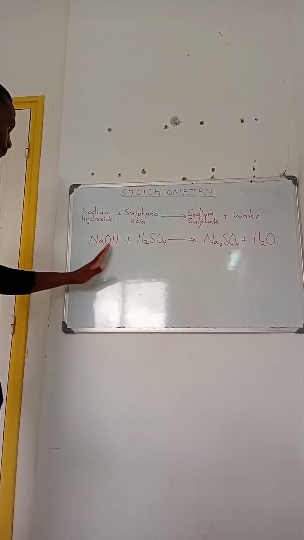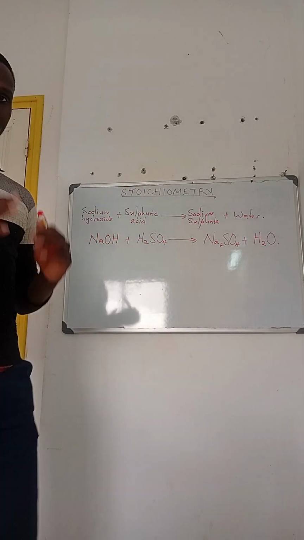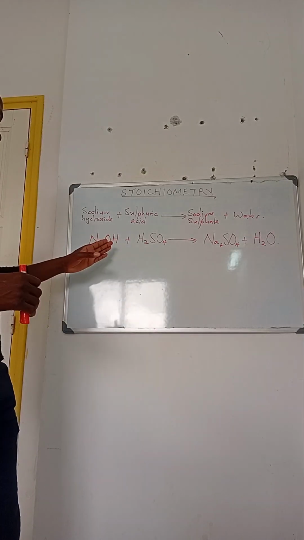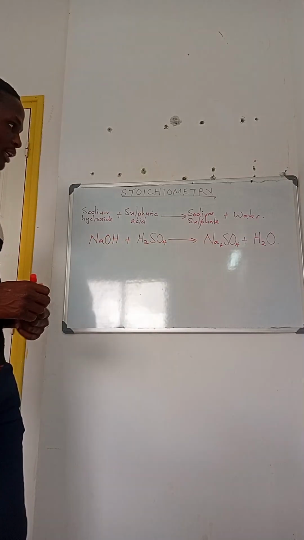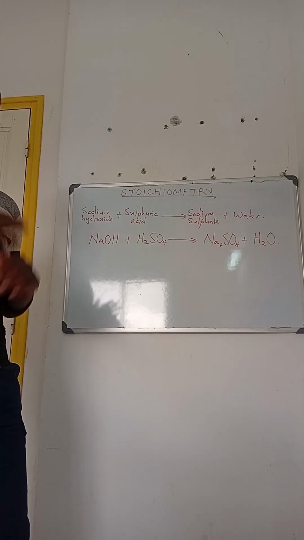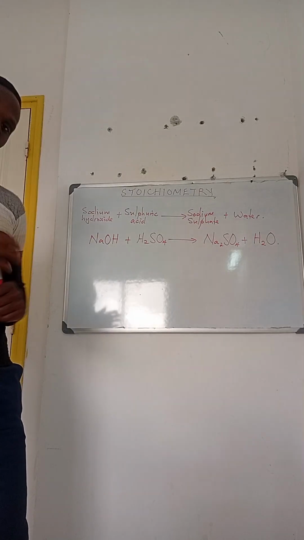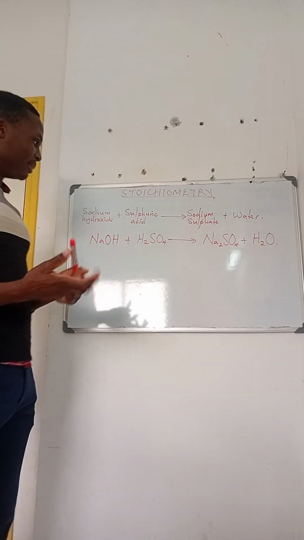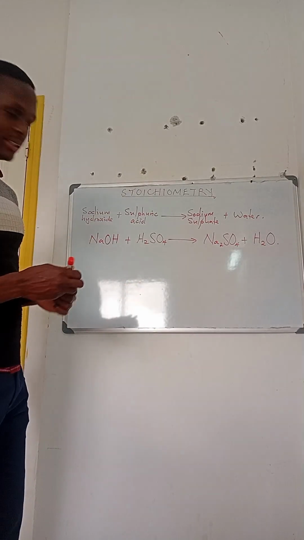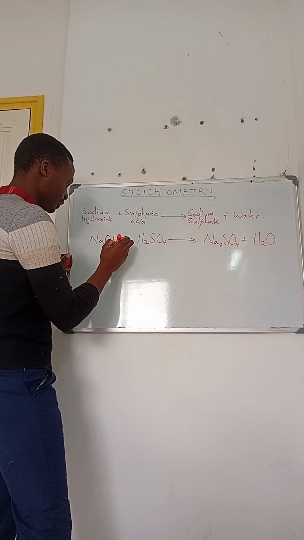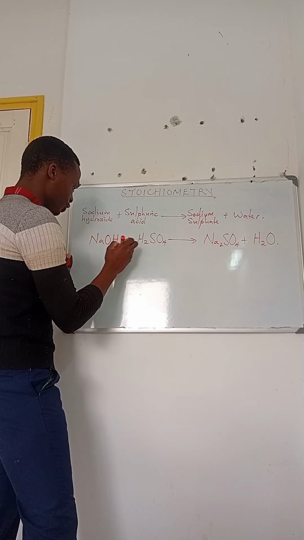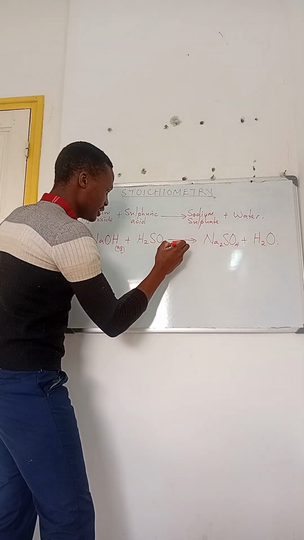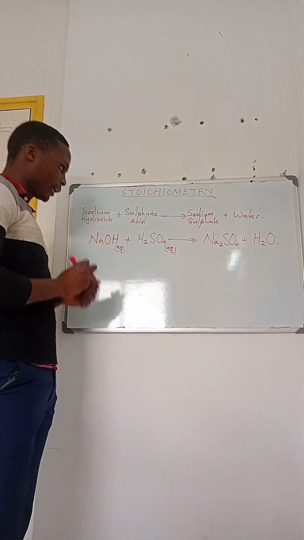Okay, so we want to put the state symbols, because when balancing an equation, make sure that you have the state symbols of each substance in a chemical equation. So the acid and the base are usually in aqueous solution, so we write the shorthand aq. The same applies here, aq.